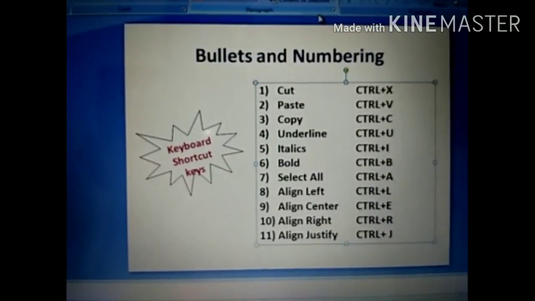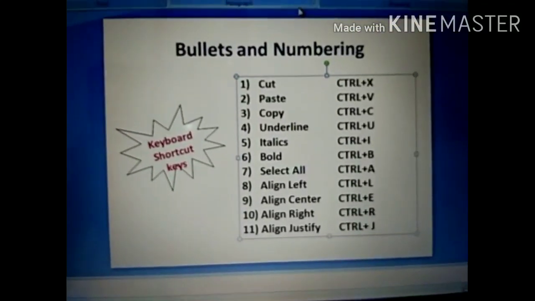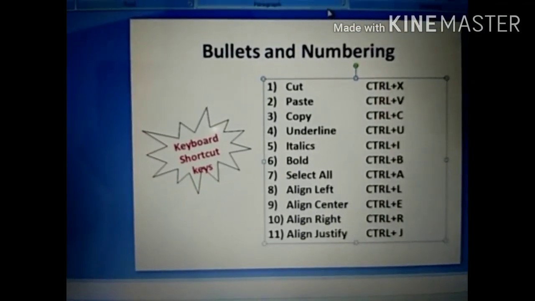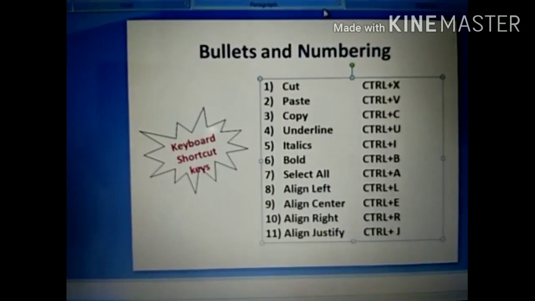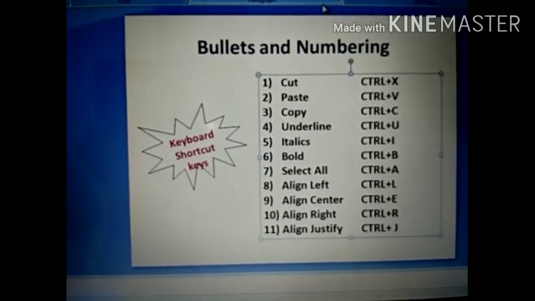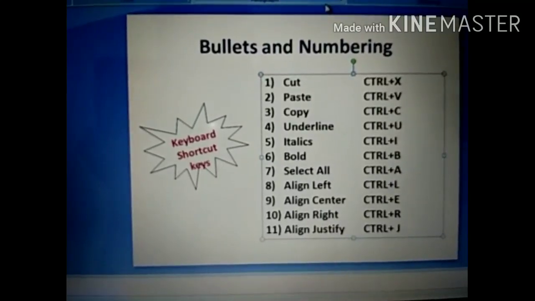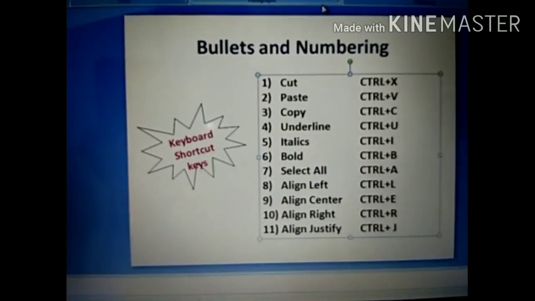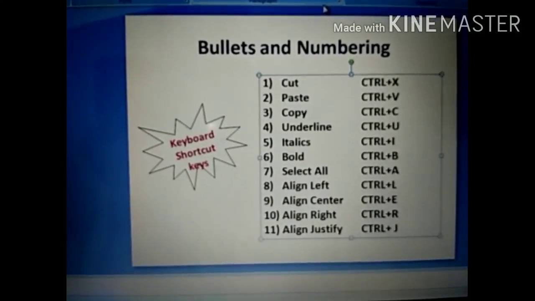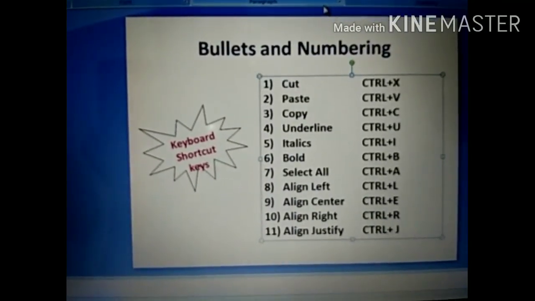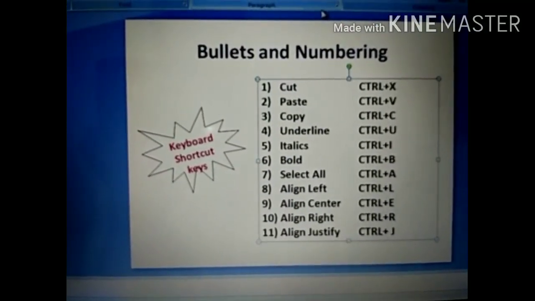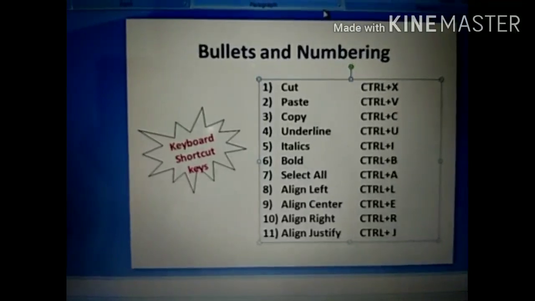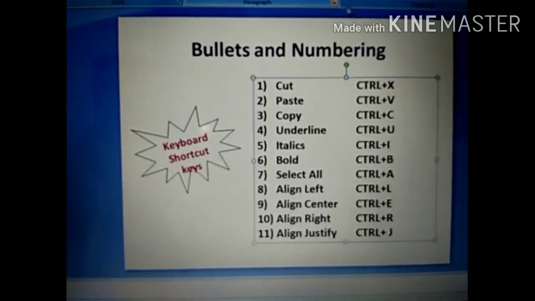The first one is cut, Control plus X. For paste, Control plus V. Copy, Control plus C. Underline, Control plus U. Italics, Control plus I. Bold, Control plus B. Select all text, Control plus A. Align left, Control plus L. Align center, Control plus E. Align right, Control plus R. And last, align justify, Control plus J. So these are the keyboard shortcut keys in this topic.